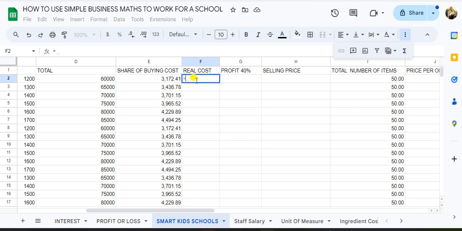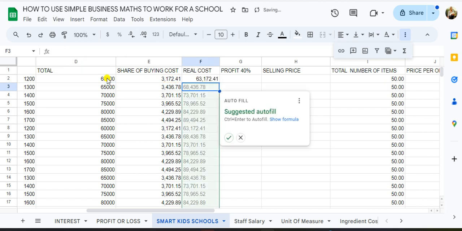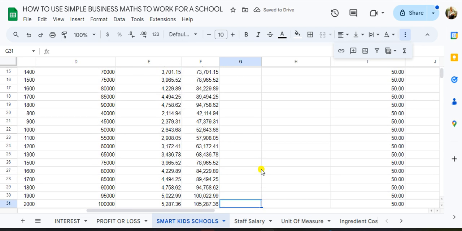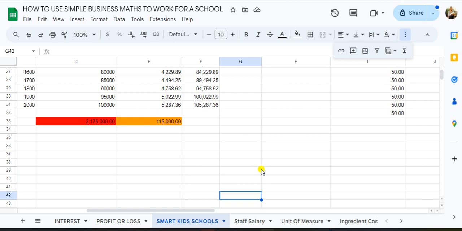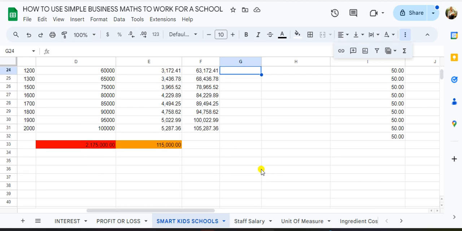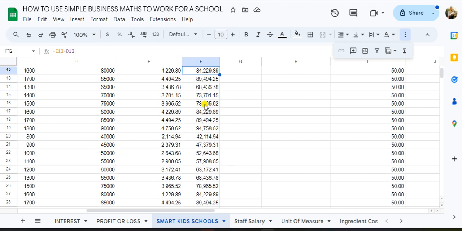So you still do equal to, that's the real cost. You now do share of buying cost, add it, that is plus the product cost. You press equal to, it calculates for you automatically. You don't have to stress yourself. Let's see how much now the real cost of those school materials is.